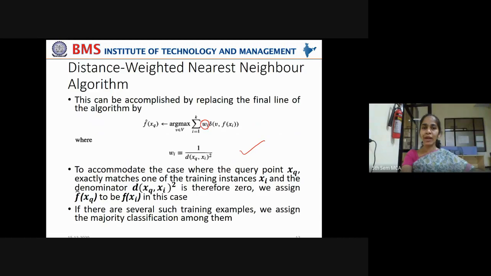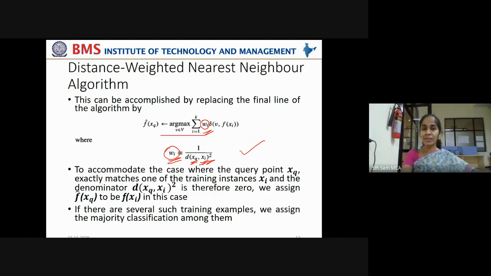How is this weight factor represented? It is the reciprocal of the square of the distance between the new instance and the existing instance. That is the Euclidean distance. The Euclidean distance between the new instance xq and the existing instance xi, the reciprocal of that is taken as the weight. That weight is added to the final line of the algorithm.